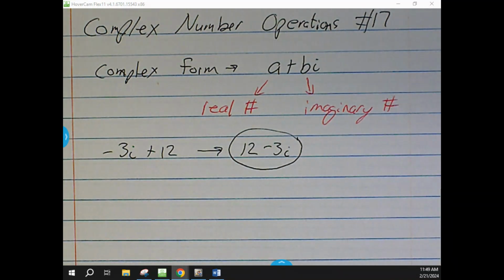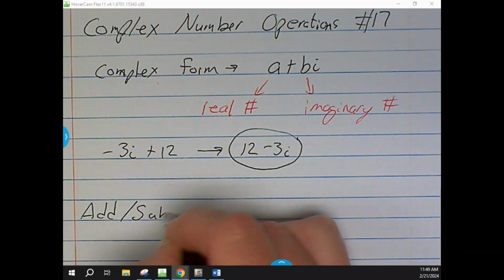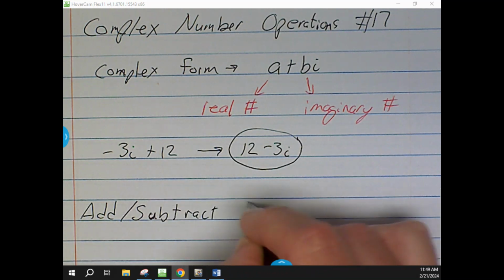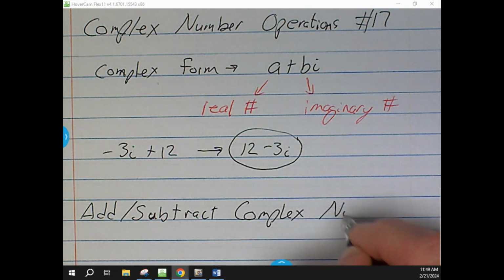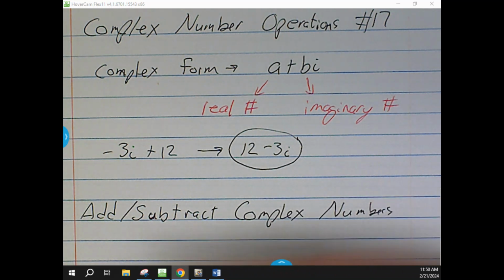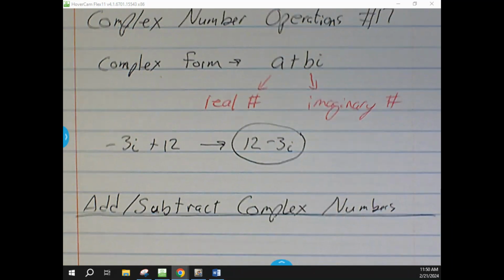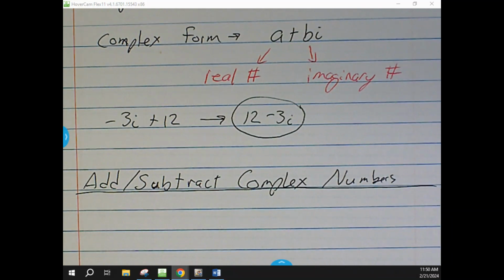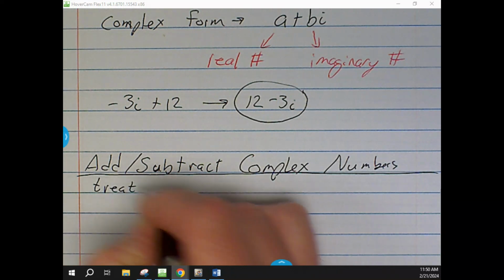Okay, so we're going to do three operations. We're going to do add, subtract, and multiply for these. When you add or subtract complex numbers, it's really not any different than anything else we've been doing so far this year. As we're going through these things, you'd still treat the I just like any other variable.